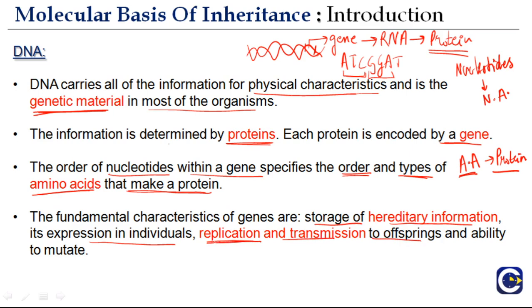The genetic material must be capable of replicating and transmitting to the offspring, and it must have the ability to mutate. That is why we have a lot of variation in physical characteristics. Somebody has green eyes, somebody has blue eyes, and we'll study each of these things in detail in the subsequent parts of this chapter.